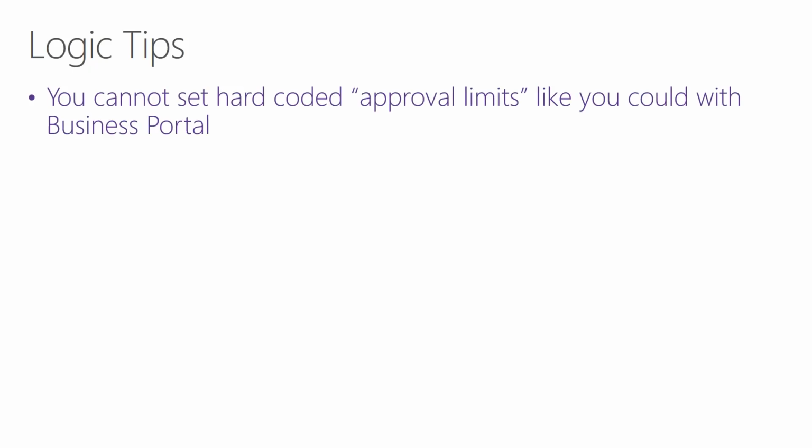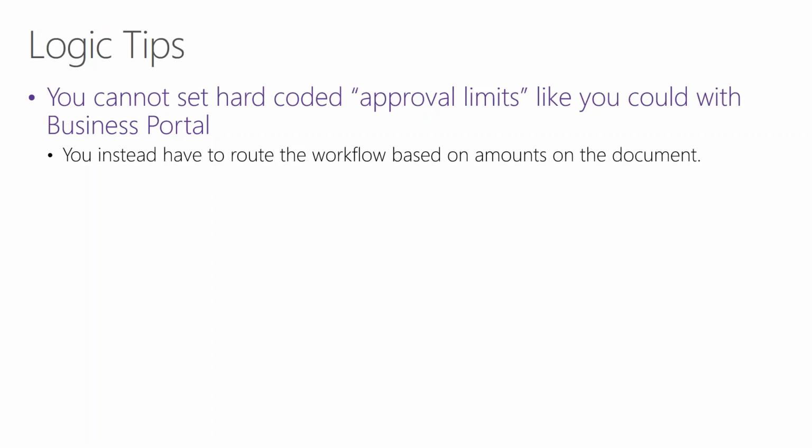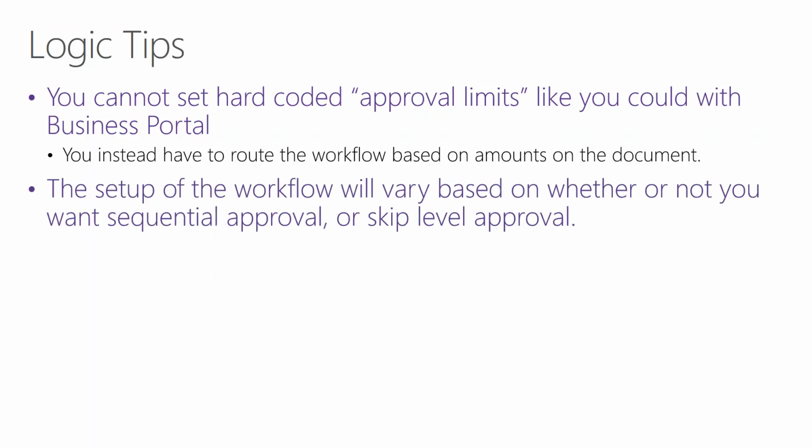Some additional tips. You cannot set hard-coded approval limits like you could with Business Portal. In the old days, you could have a person that had just a dollar amount approval limit, but that's not available like that in these workflows. You instead have to route the workflow based on the amounts on the document.